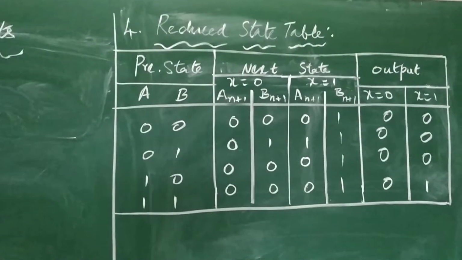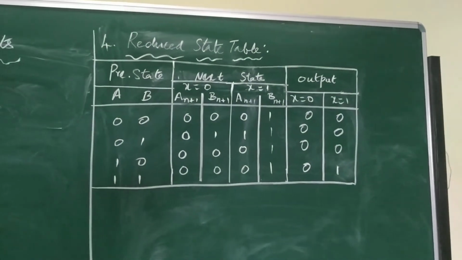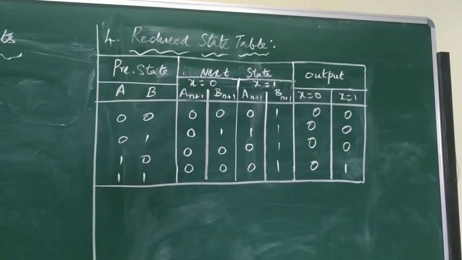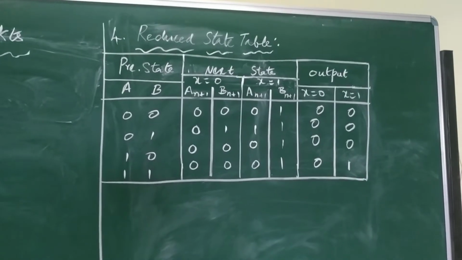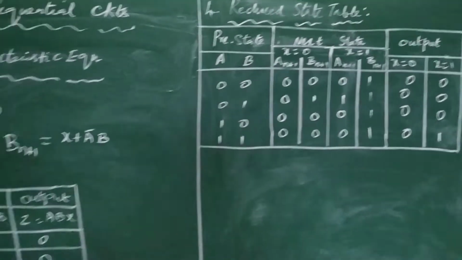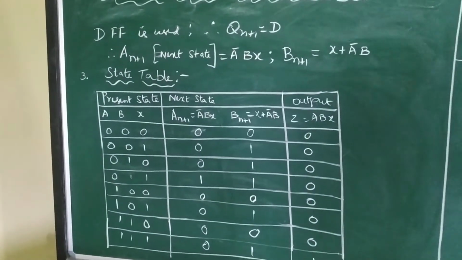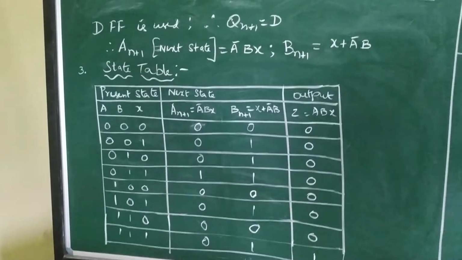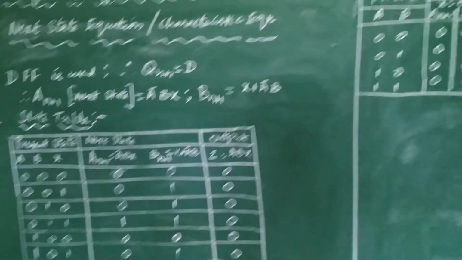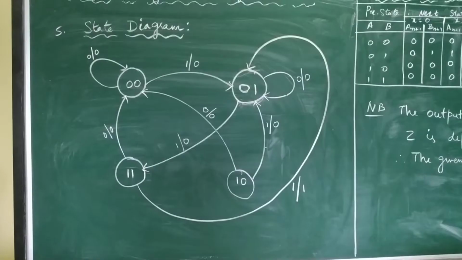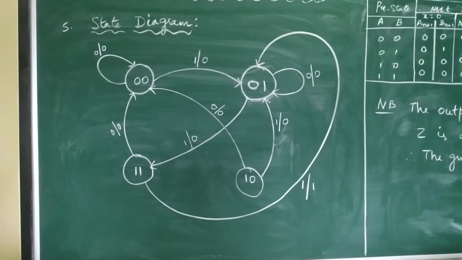Okay. So now our reduced state table is done. Now we have to go for the state diagram. If you leave off the reduced state table, the state diagram is going to be very big and you cannot do it without mistakes. So we go for the reduced one. The last step is the state diagram.